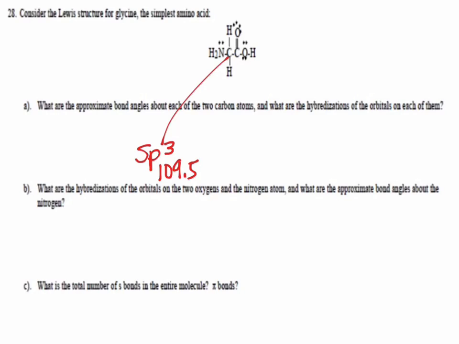All right, let's take a look at your other C. How many areas of density do we have? 3. So the hybridization is sp2, and the bond angles are 120. Questions on that?